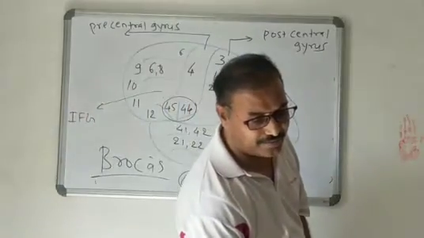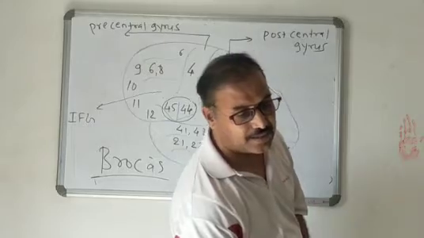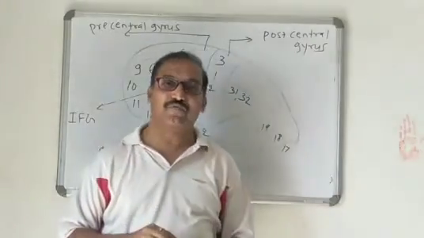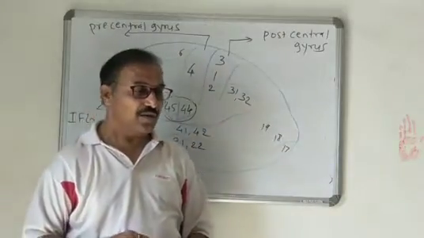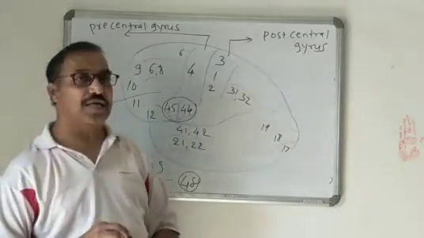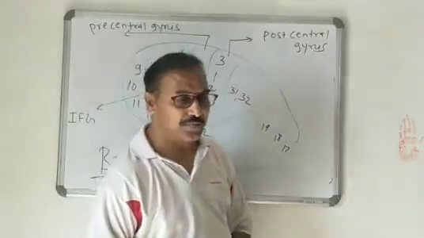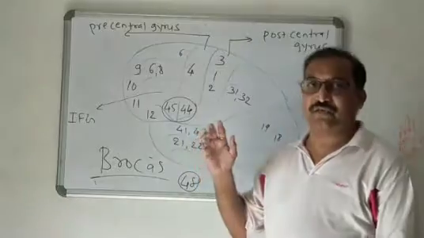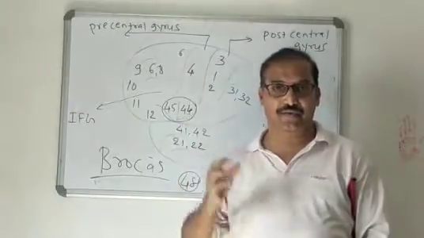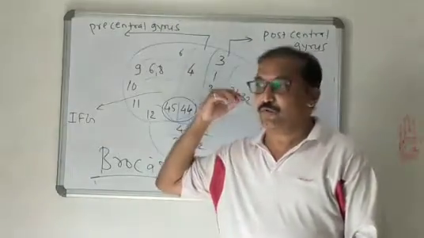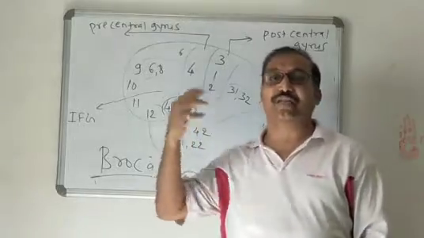Now the applied anatomy of these areas. If there is an injury to area number 44 and 45, the condition developed is motor aphasia. What is motor aphasia? The patient cannot speak. अगर ये एरिया डैमेज होता है मेरा, तो पेशेंट या जो भी सब्जेक्ट वो बात नहीं कर पाएगा.